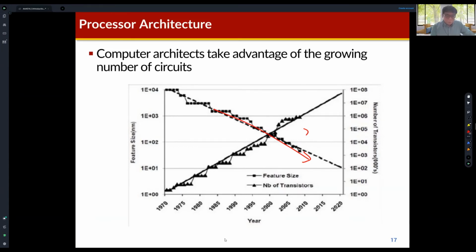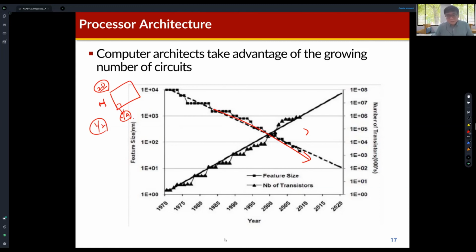So it's a channel width, but the chip is two-dimensional. So if the channel width is reduced by 1/2, it's half sized, then the area of a single transistor is reduced to 1/4, because the area is the square of the length.